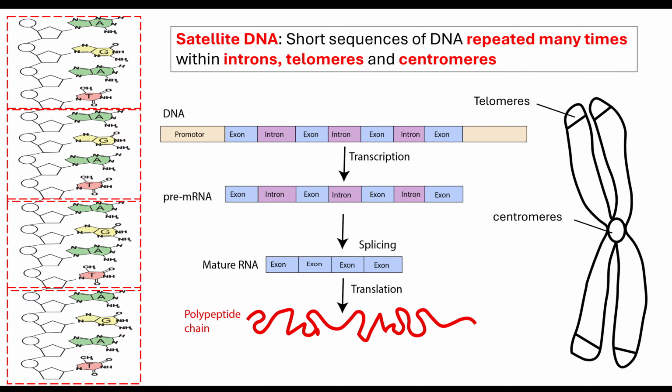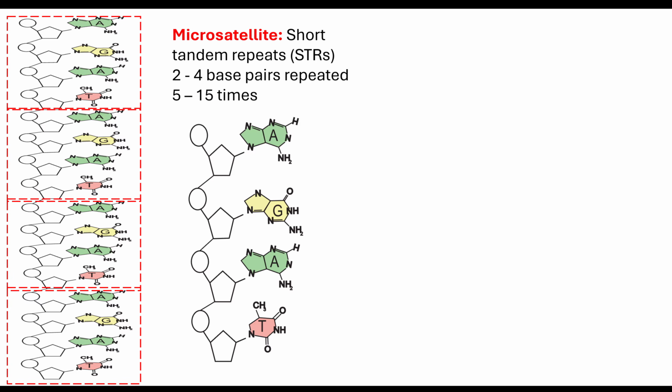Also, your telomeres, which are found at the end of your chromosomes, and the centromeres that hold the sister chromatids together, are also areas where we can identify these satellite DNA. So you can have what's known as a microsatellite, which is a short tandem repeat. It's about 2 to 4 base pairs which are repeated about 5 to 15 times.